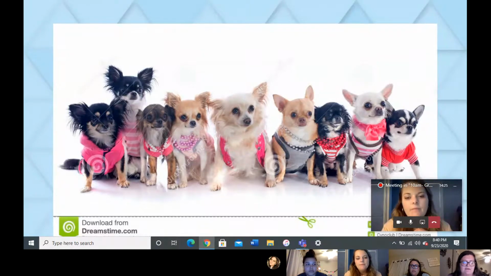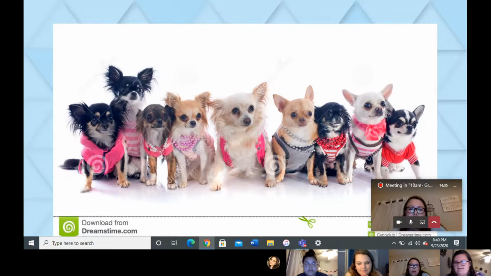Let's see. Sierra, how would you categorize these objects? I don't want to call them objects. How would you categorize these dogs? I would put the darker ones on one side and then the lighter colored on another. Good job. Okay, why would you decide to do it that way?